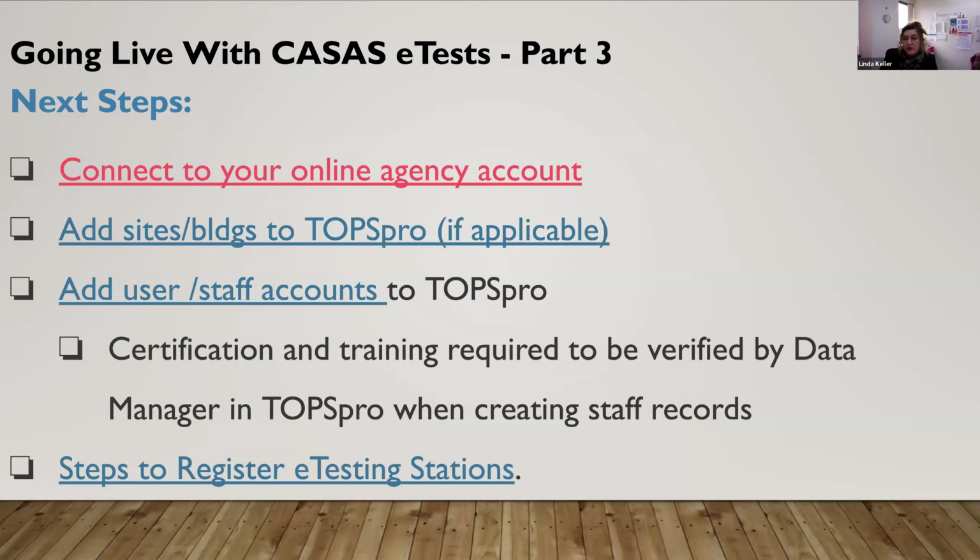And if you have multiple buildings and multiple sites you plan to deliver e-testing on, you'll need to have what's called your data manager. They're your main point of contact in your agency. They would create those sites and buildings in TOPS Pro. And again, if you have 1 building, it's easier, but if you have multiple buildings like we did at Metro North, I've added all those buildings that deliver e-testing into our TOPS Pro account.